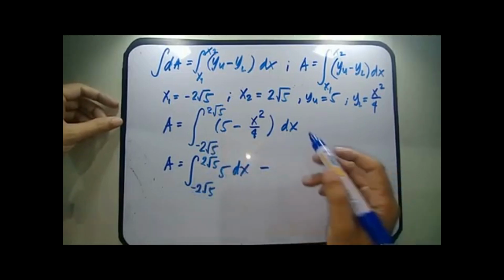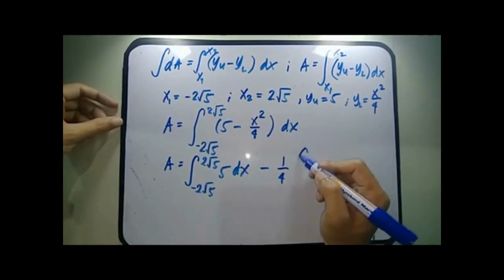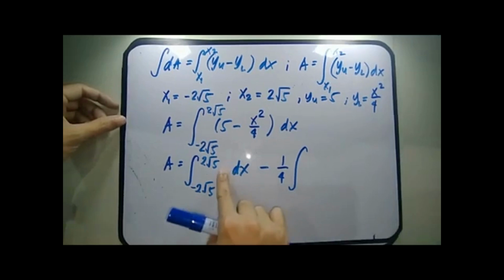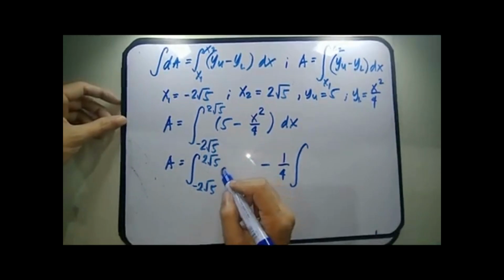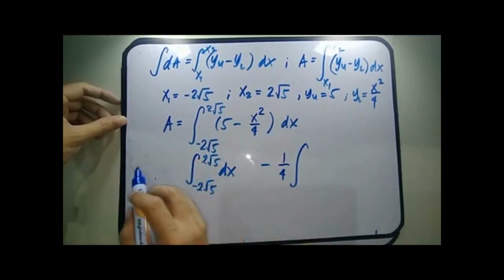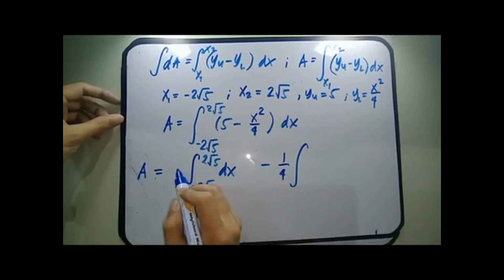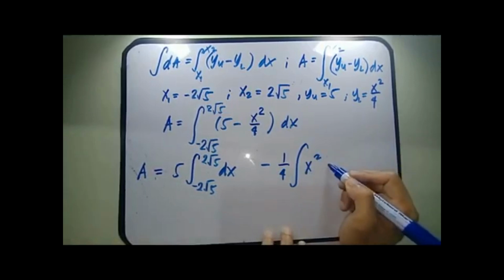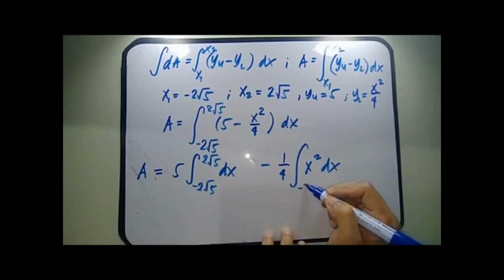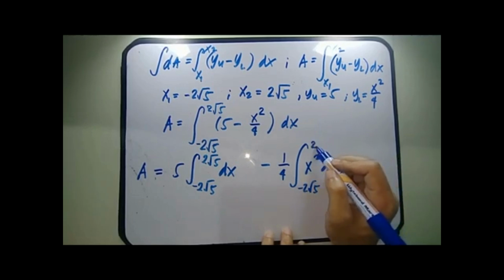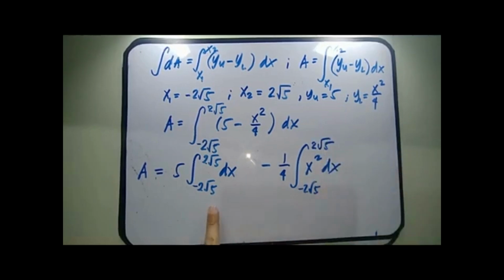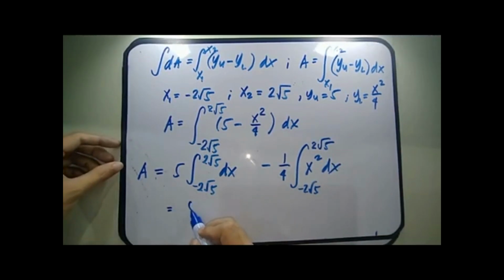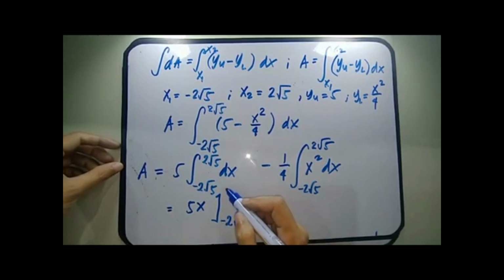So 5 dx minus the integral of x squared. So put 1/4 outside, so the constant must be outside. This is x squared, differential of x, from negative 2 square root of 5 to 2 square root of 5.